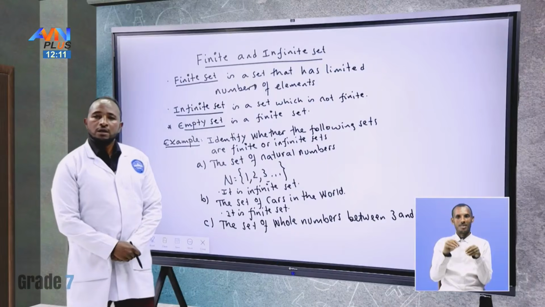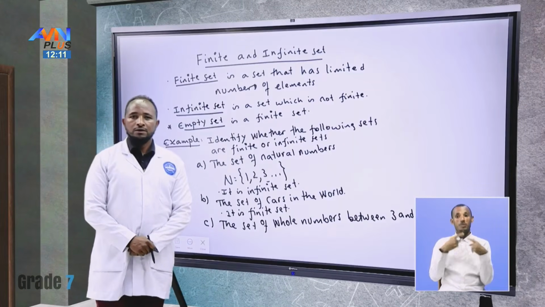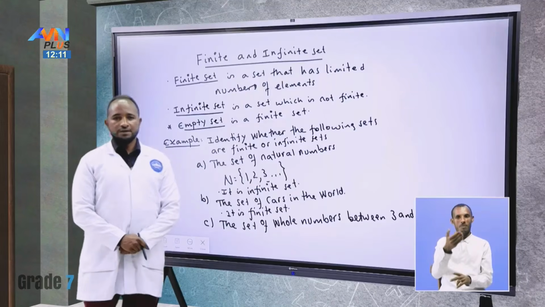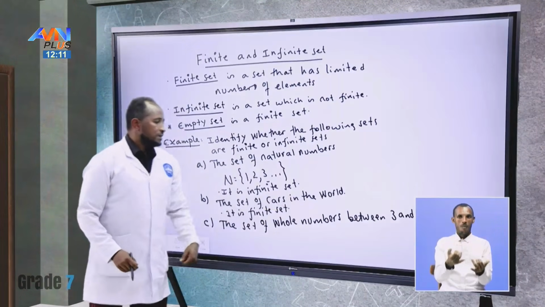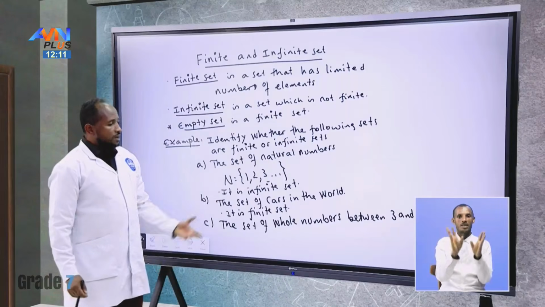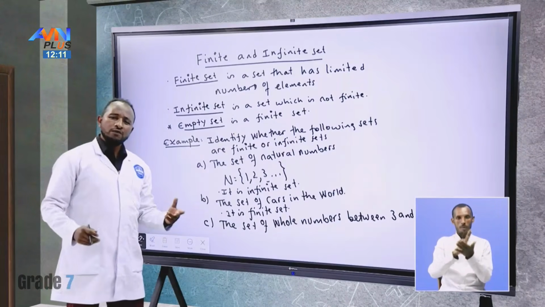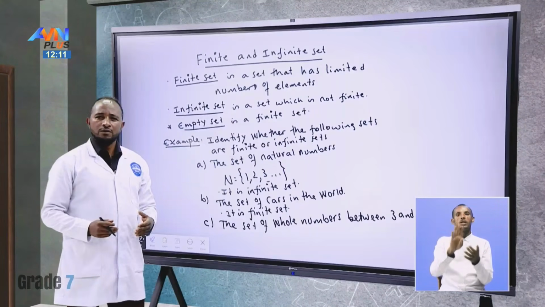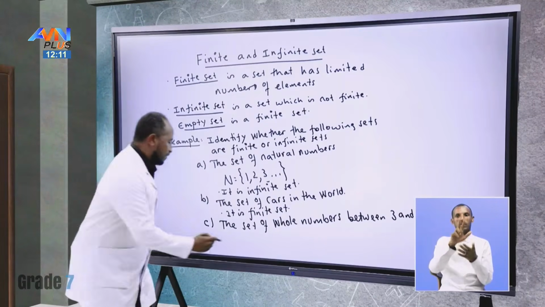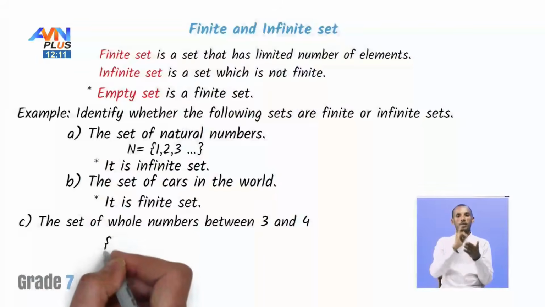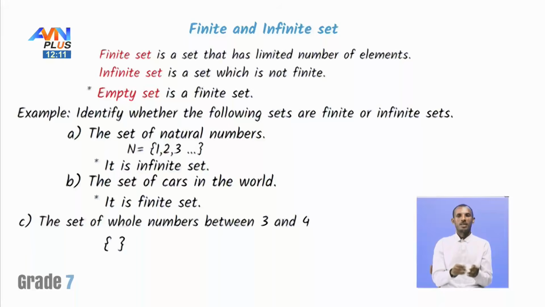Students, have you tried the question? Very nice. Let's see the answer together. Do we have a whole number between 3 and 4? No. So this set is empty. Therefore, this set has no member. It's an empty set.